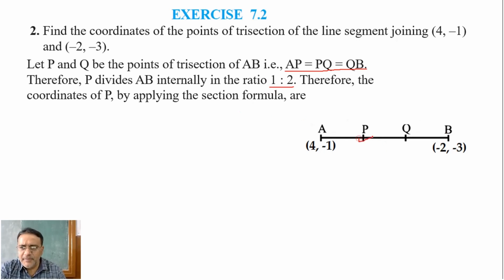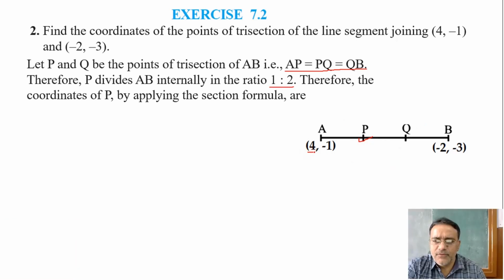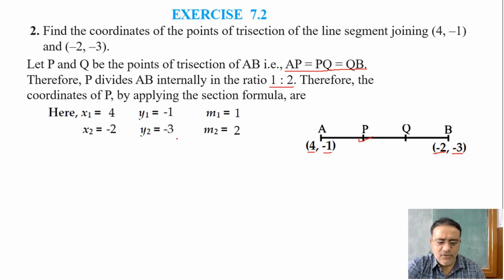Now for point P the ratio is 1:2, and x1 is 4, y1 is -1, x2 is -2, y2 is -3. We will write all these values.